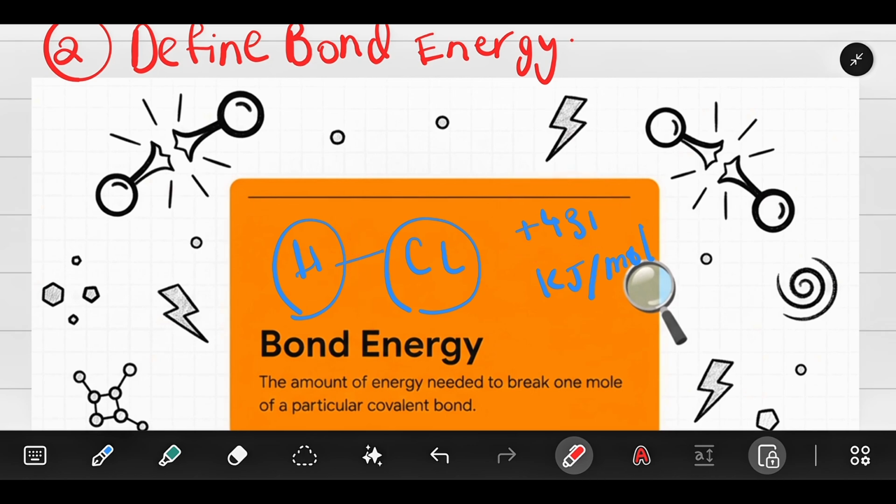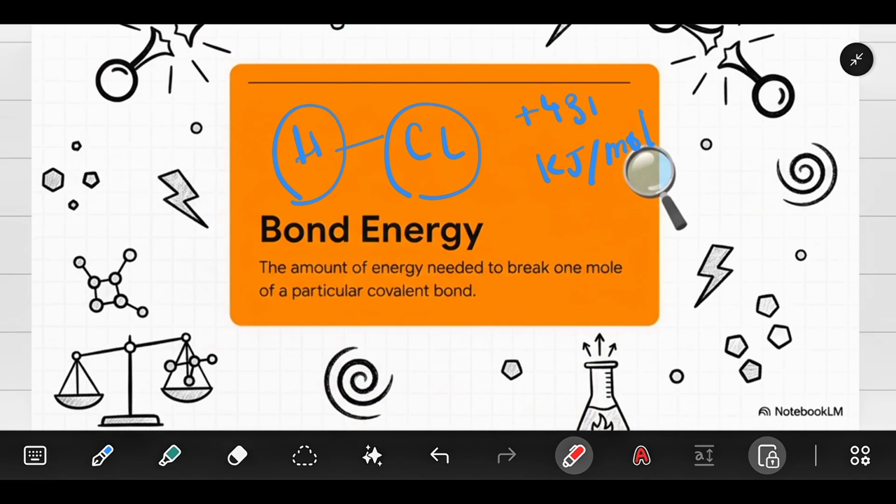Hence, it was a decomposition reaction, and as we discussed in the previous video, if an enthalpy change is positive, the reaction is endothermic. One thing to remember is that 1 mole is 6.02 × 10^23 particles, because this is Avogadro's constant.